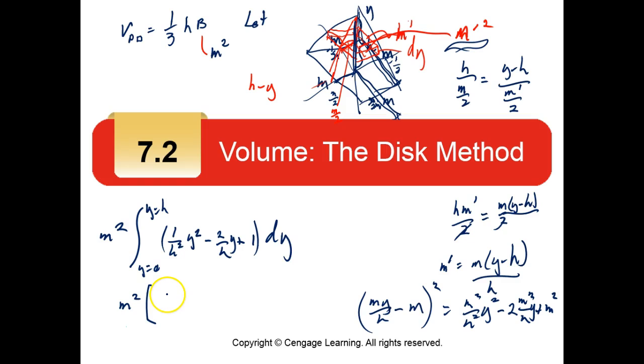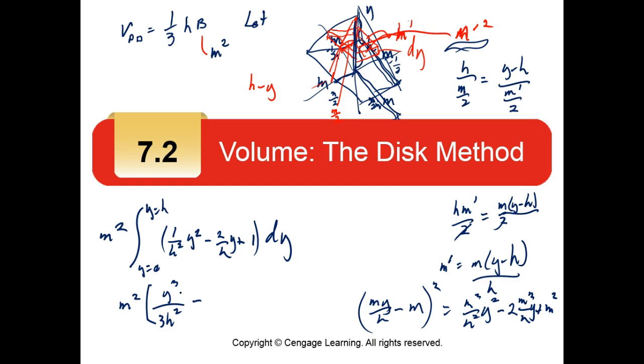That's the derivative. I said the antiderivative. Help me. I'm drowning here. y cubed over 3h squared. Right? Okay.